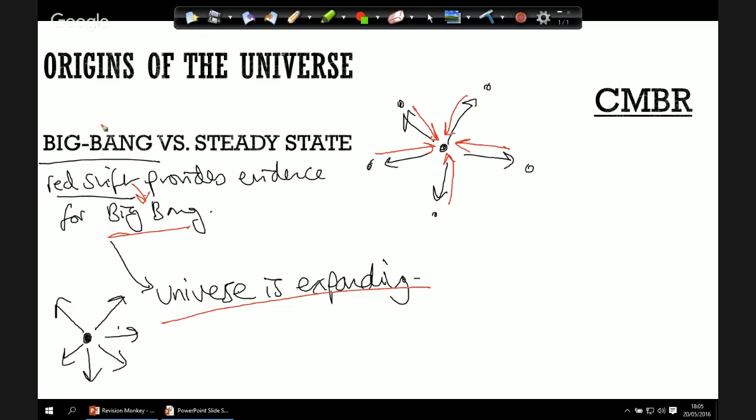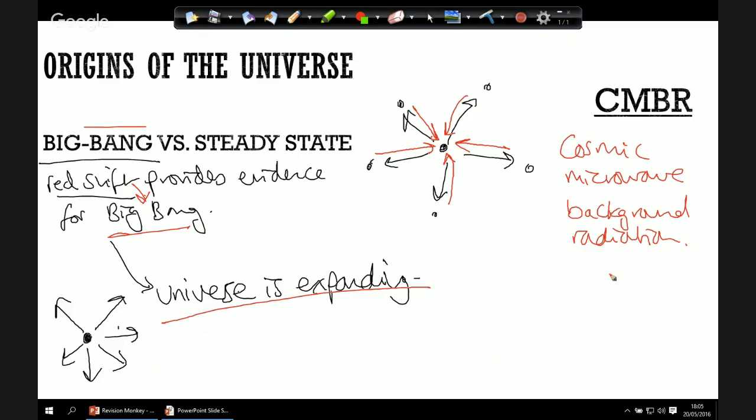Now, Big Bang is linked to something called the CMBR. CMBR is cosmic microwave background radiation. And this radiation is seen all over the universe. So just depict the universe like that. This background radiation is in all directions across the universe.